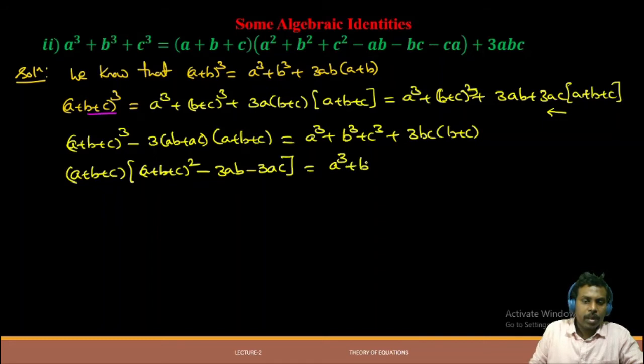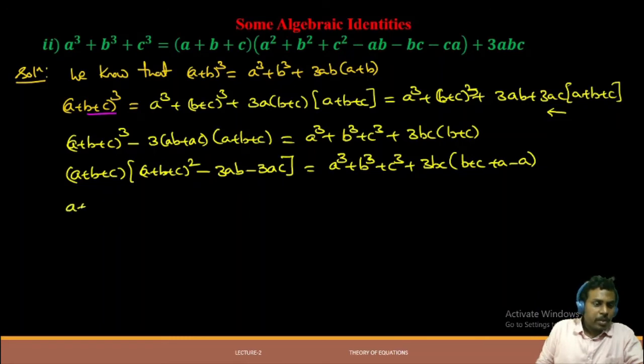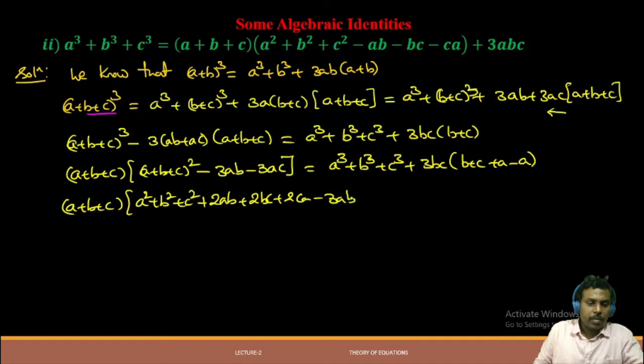a cube plus b cube plus c cube plus 3bc into, I'll add and subtract a here, plus a minus a. So here if I simplify this, this is a plus b plus c whole square. This is a square plus b square plus c square plus 2ab plus 2bc plus 2 into ca minus 3ab minus 3 into ac.